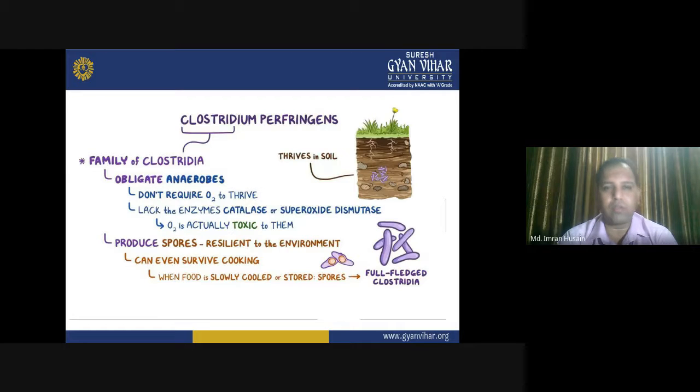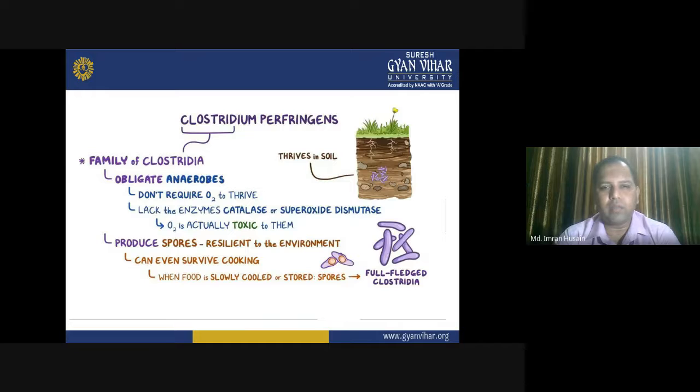Okay, so the family of Clostridia. Clostridium belongs to the family of Clostridia. It is an obligate anaerobe. Okay, it requires an oxygen-less environment to thrive. Doesn't require oxygen to thrive.